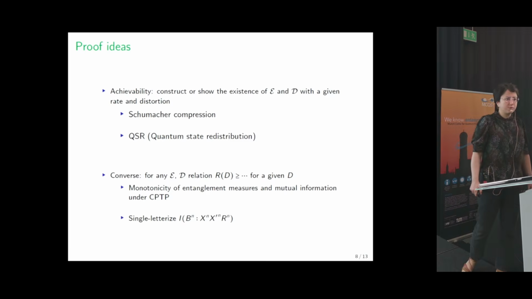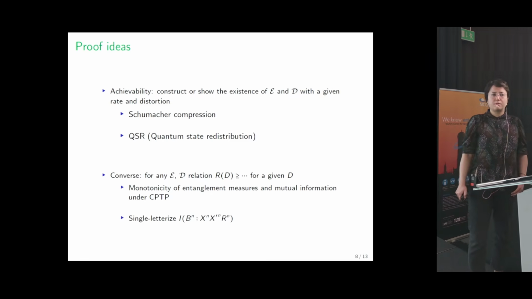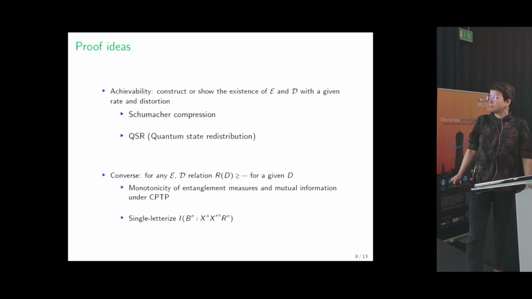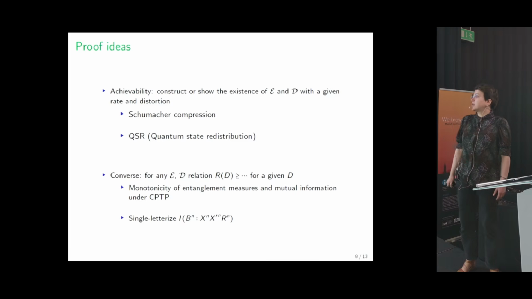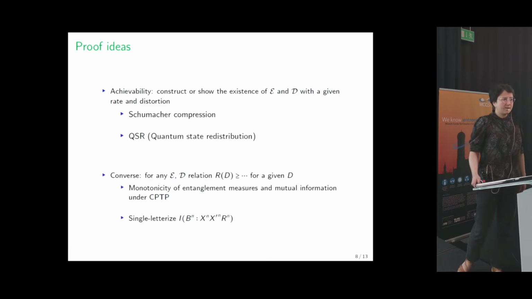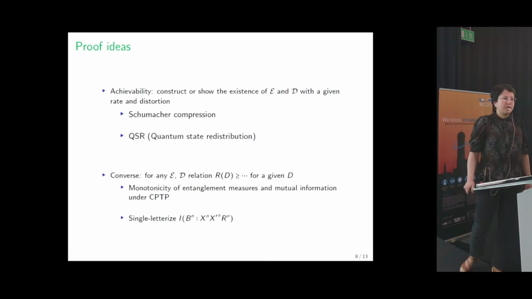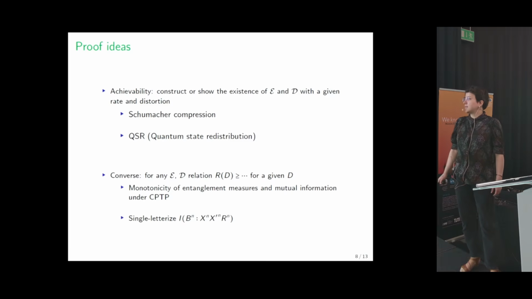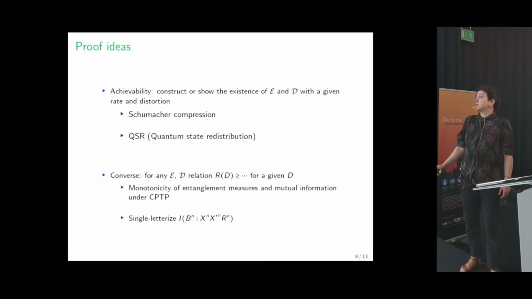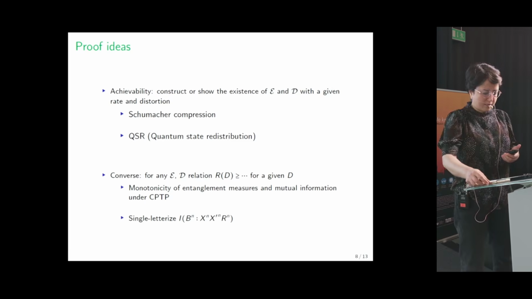To do converse proofs, we usually use some properties of entanglement measures, for example, monotonicity of entanglement measures under CPTP maps, and then we usually deal with information quantities of the whole sequences together, but computing this kind of stuff is very difficult. So we are interested in single-letterizing these quantities, which means that we want to get rid of n in the sequence and lower bound by a quantity that doesn't depend on n, and that's how we can simply compute this stuff.